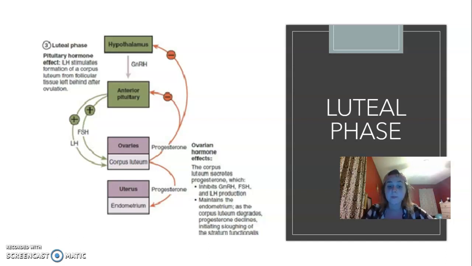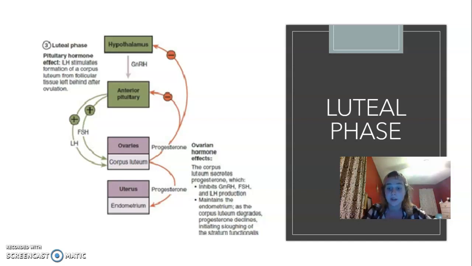This progesterone triggers a negative feedback at the hypothalamus and the pituitary, much like we saw in the follicular phase. This keeps GnRH, LH, and FSH secretions low, just like it did in the first phase that we talked about. So no more dominant follicles are developing at this time.